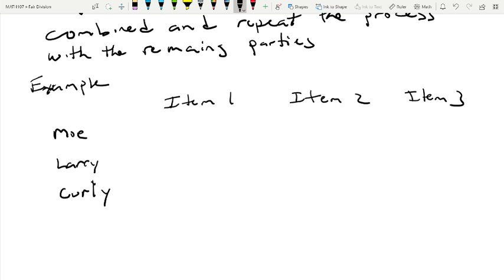Mo says item 1 is 30%, item 2 is 45%, and item 3 he puts at 25%.